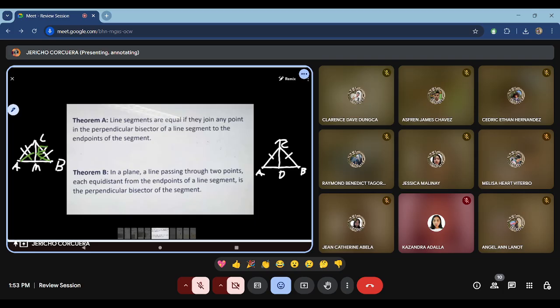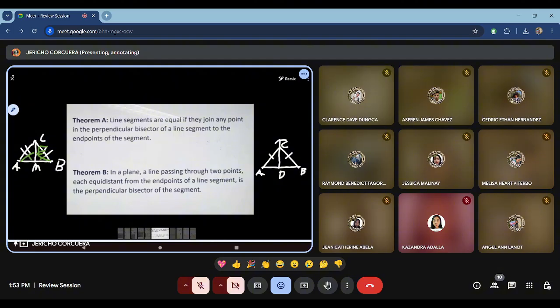They're equal. A line passing through 2 points, each equidistant from the endpoints of a line segment, is a perpendicular bisector of the segment. Ayan, yung CD, perpendicular bisector siya ng segment AB.